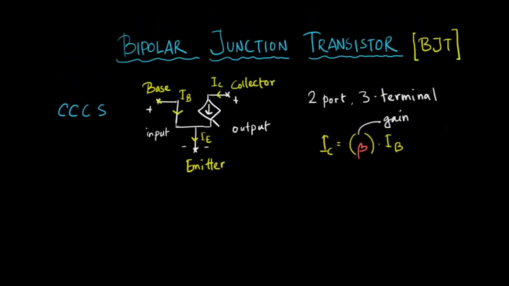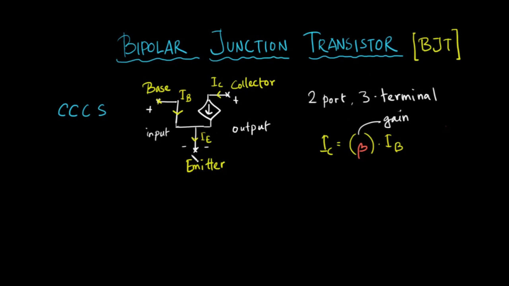To find the behavior of the bipolar junction transistor, we need to connect it in a circuit. A BJT has a specific symbol in a circuit. The symbol for a BJT is this.